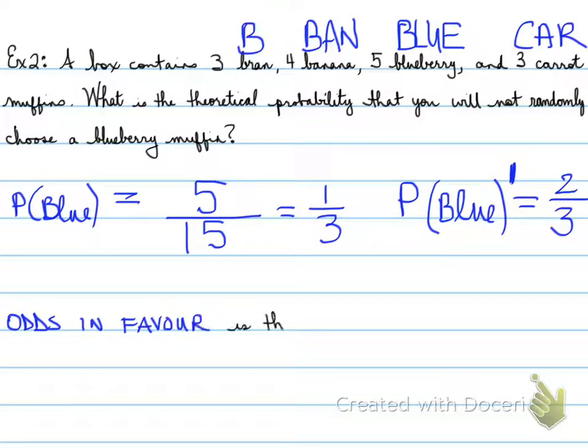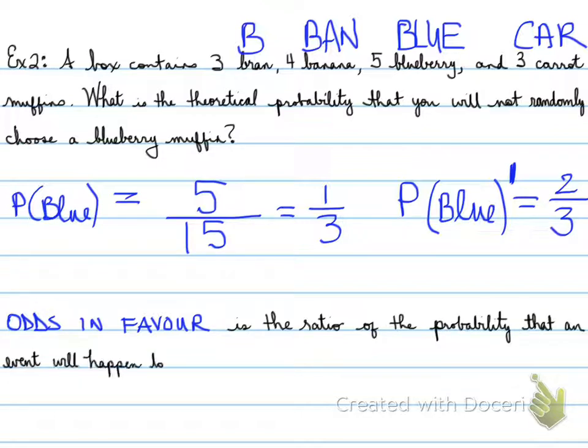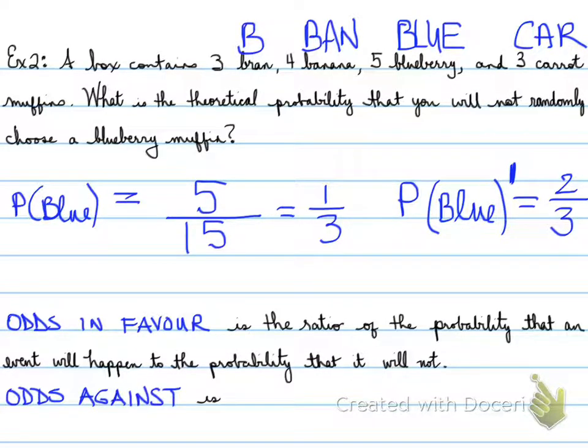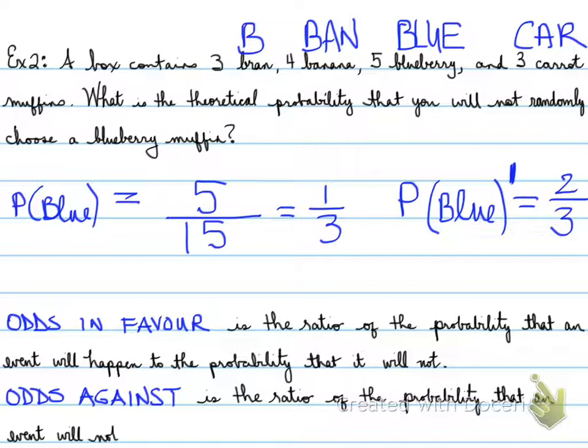Now, another definition we need to look at is odds in favor. What is odds in favor? If I ask for odds in favor, it is the ratio of the probability that an event will happen to the probability that it will not. Odds against means I'm looking for the ratio of the probability that an event will not happen to the probability that it will.